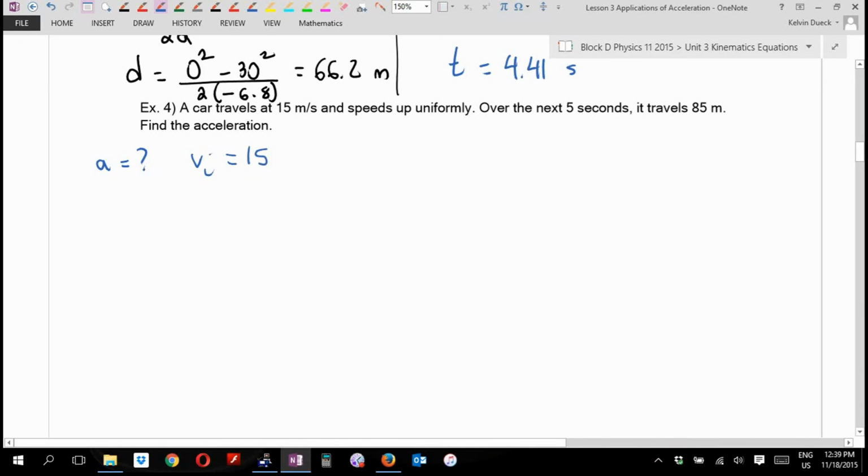Speeds up uniformly. That just tells you there's an acceleration. What's that 5? What's that 85? Which equation? Yeah, sure.